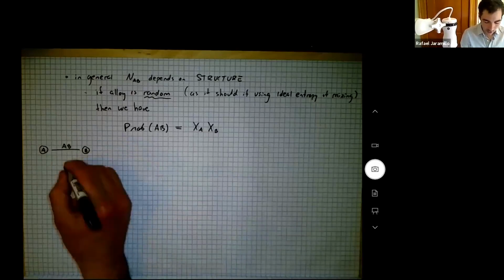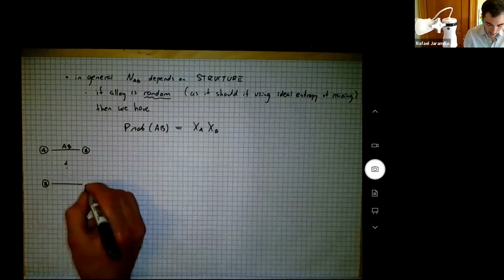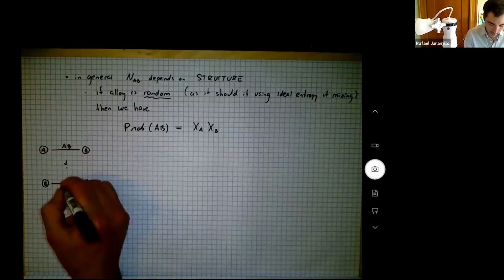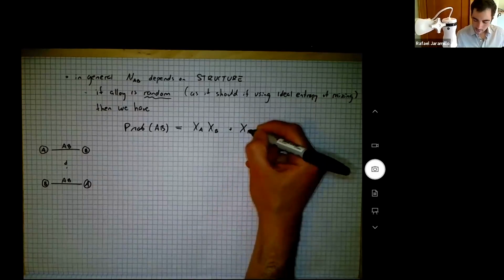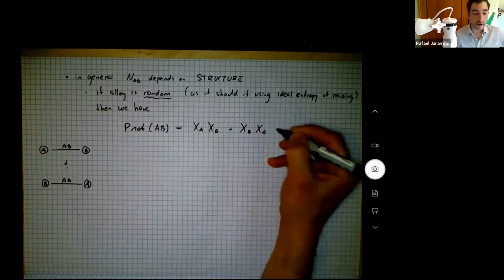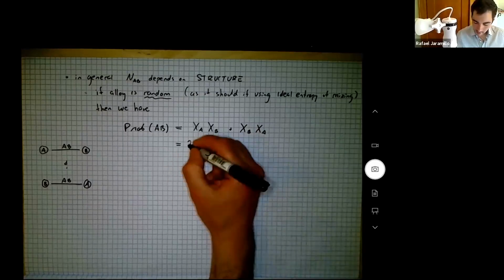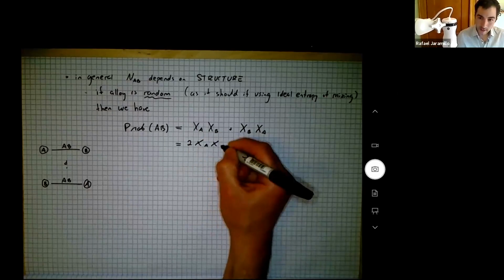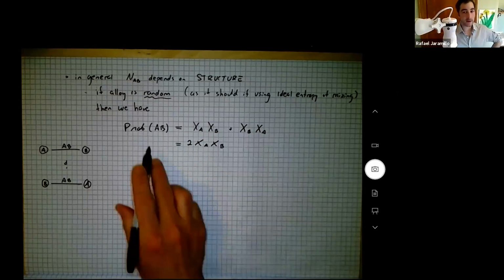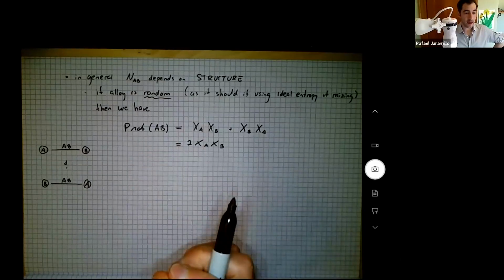And we can also have B and A. That's also an AB bond. So we also have the probability that the first one is B and the second one is A. So this is combinatorics. The sort of stuff that drove me crazy in high school because they didn't teach it well. So you have 2XA, XB. So that's the probability in a random alloy that a given bond is an AB bond.